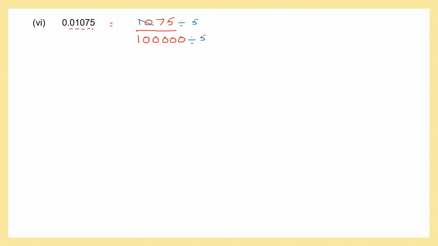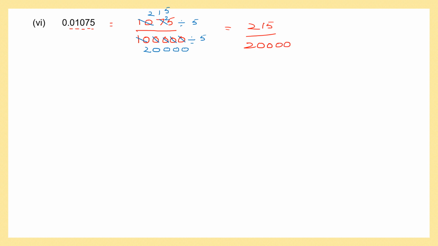Okay, 5 twos are 10, 5 ones are 5, 6, 7, 25, 5 fives are 25, 215. Let's go to the denominator. 5 twos are 10. Bring down the 0, one more, and one more. So we get 20,000. So right now, we have got 215 by 20,000.